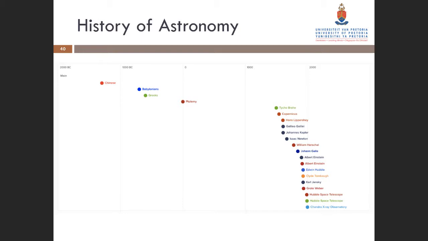In year zero, Ptolemy started creating his models. Then in the year 1000, we have Tycho Brahe, Copernicus, Galileo Galilei, Johannes Kepler, Isaac Newton, William Herschel, Albert Einstein, Hubble, Carl Jansky, Grote Reber, the Hubble Space Telescope, the Chandra X-ray Observatory.